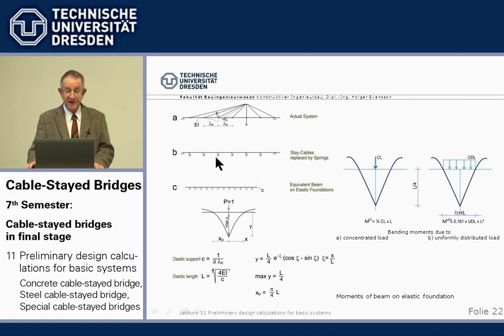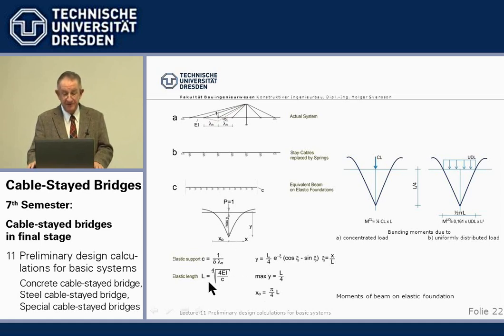And in the next step, we distribute the discrete springs continuously over the length. And then what do we have? We have a beam on elastic foundation. And thank God some wise guy calculated for us the moments for a beam on elastic foundation.